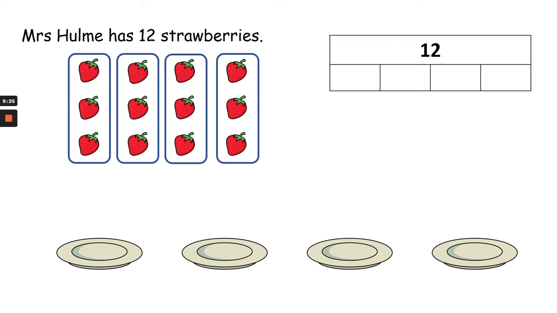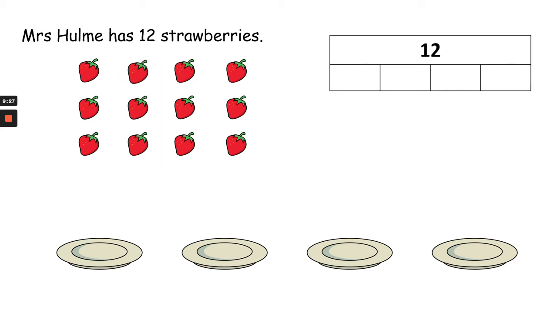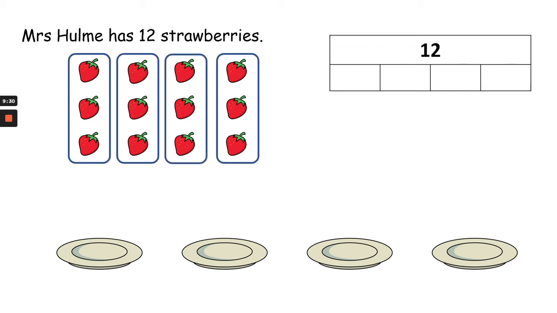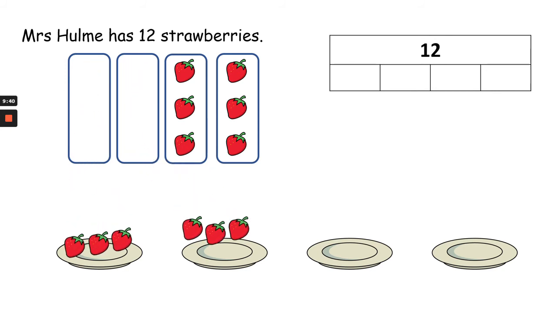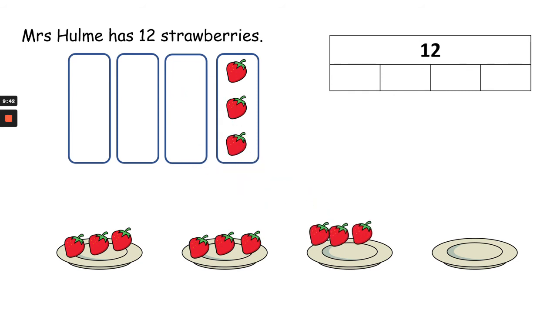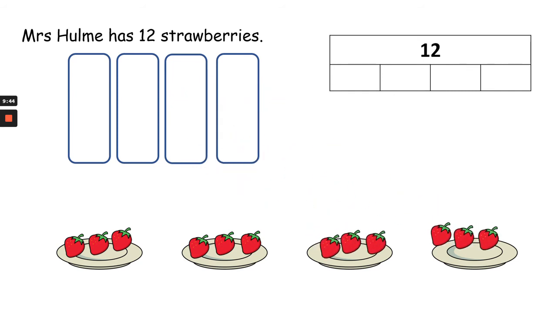Now I've drawn the arrays this way because I need 4 groups. Remember, I need 4 groups and I have 4 plates that it needs sharing into. So that is why my arrays are that way. So I already know there is going to be 3 strawberries on each plate.